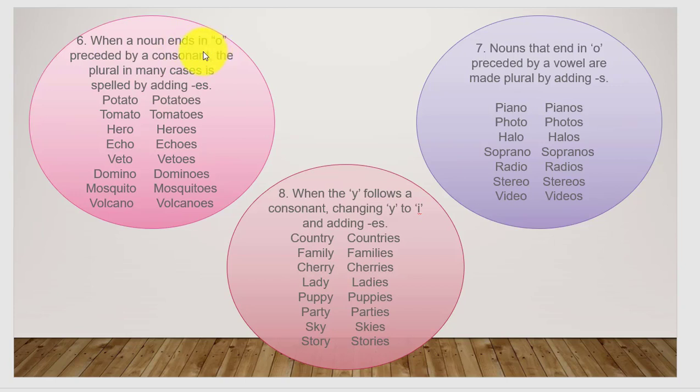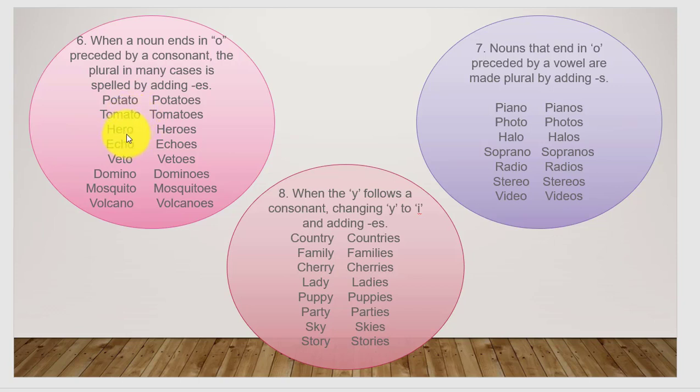Here once again you need to see this difference. If the noun ends in O preceded by a consonant, O is preceded by T, which is a consonant.